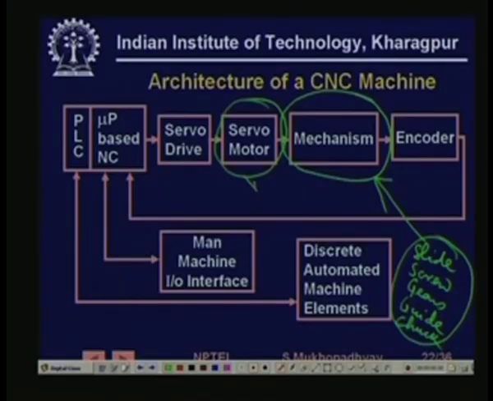They are driven by motors, typically servo motors. This can be DC, BLDC, or even induction motors sometimes.